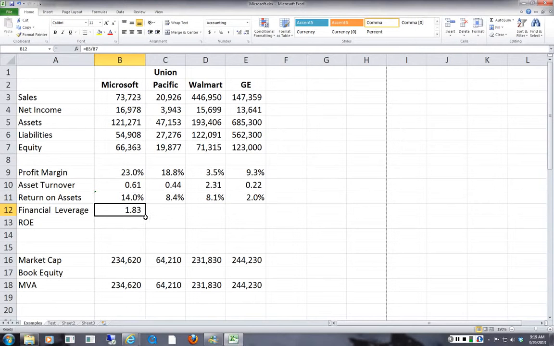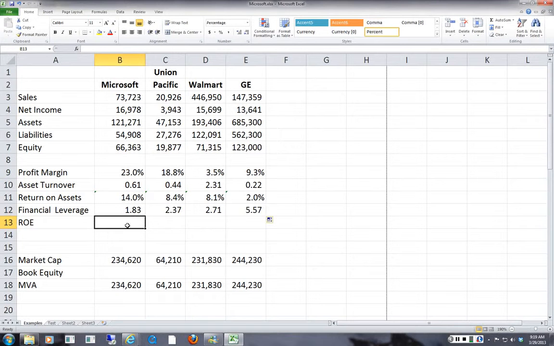Let's just go across here first. Union Pacific Railroad's is 2.31. Walmart's is 2.71. They've got a lot of leverage there. And GE, look at that, 5.57. They've got an enormous amount of leverage there.